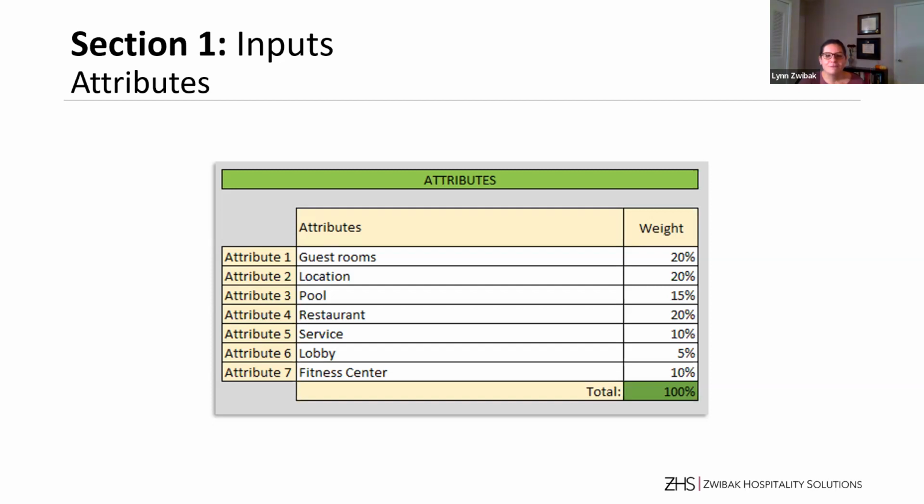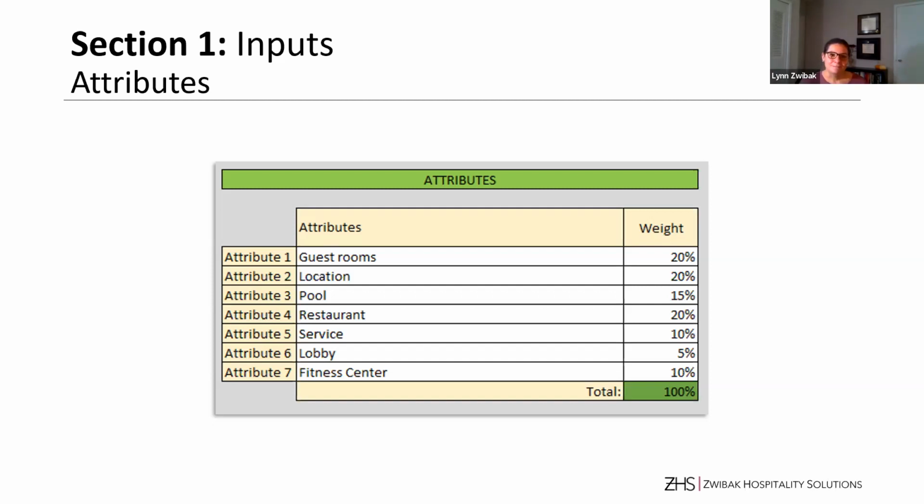Now, don't get really hung up on the nuance and the minutia of these weightings, like 20%, 25%, 22%. Don't spend your time on that. What we really want is just a general feeling of how important things are to people. So the guest rooms in this case are more important than the lobby, right? 20% is greater than 5%. Not to say that the lobby isn't important because it made the list, but it's not as important as the guest rooms.